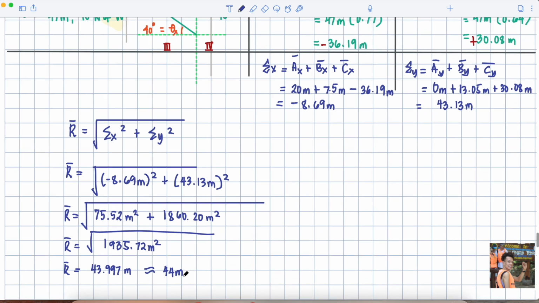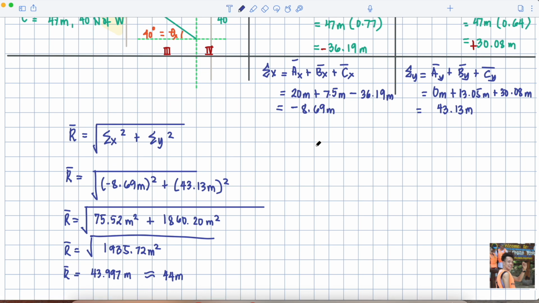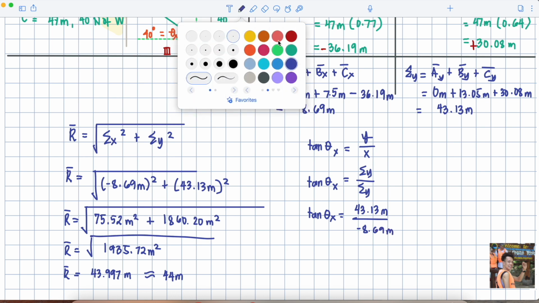How about the direction of the resultant vector? To get the direction of the resultant vector, let's use tangent theta x is equal to y over x, or tangent theta x is equal to the summation of y over the summation of x. Tangent theta x is equal to 43.13 meters divided by negative 8.69 meters.